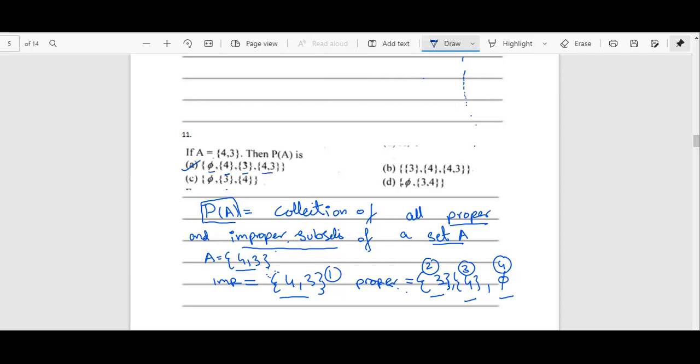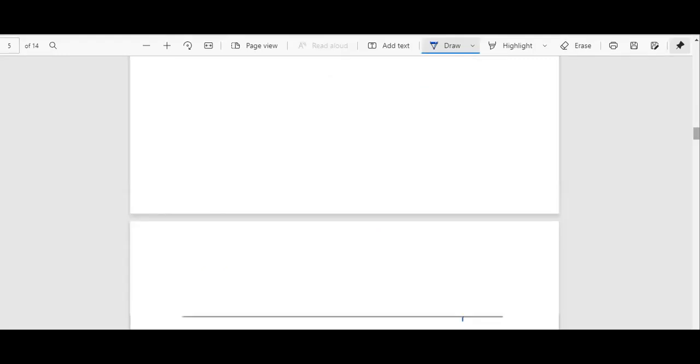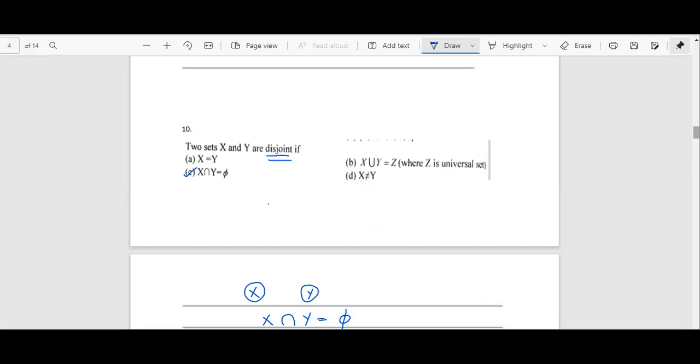So it is the collection of all the subsets. Every set has one improper subset only, right? Because the improper subset is that set itself. So A is the answer. We are done with the 11th question as well.